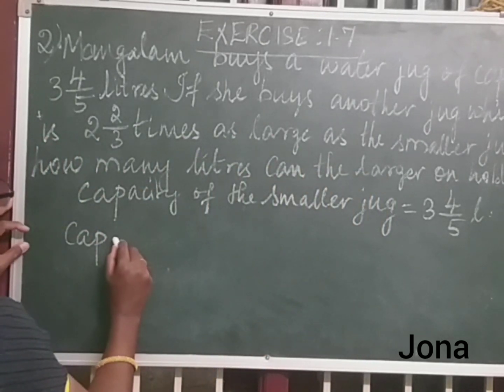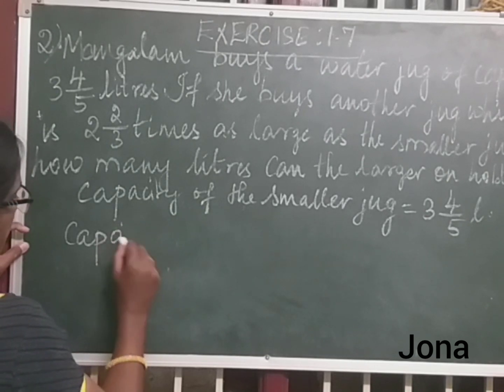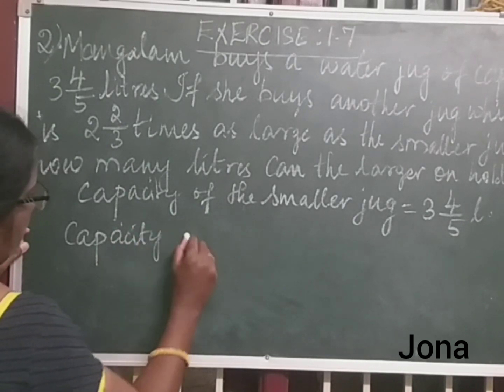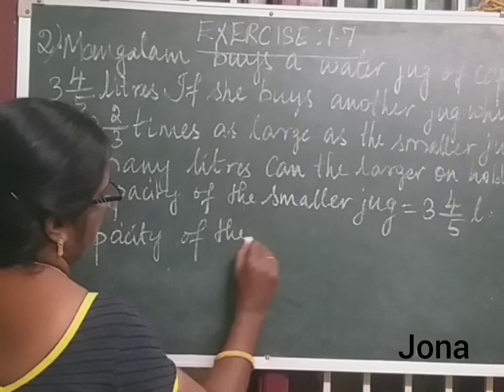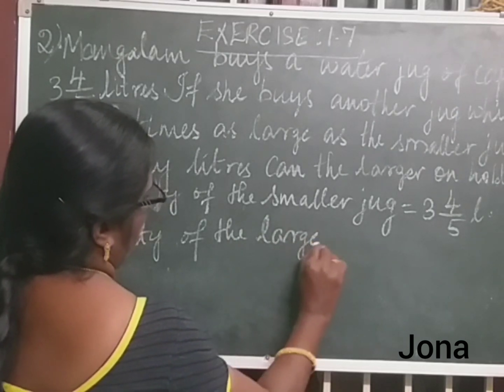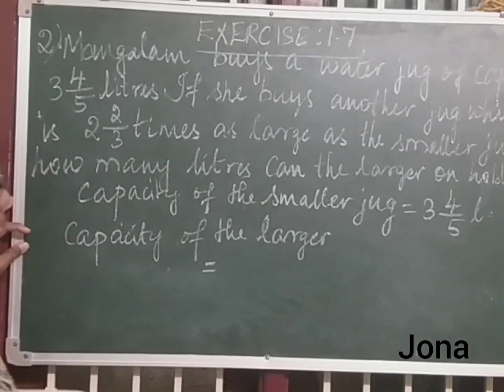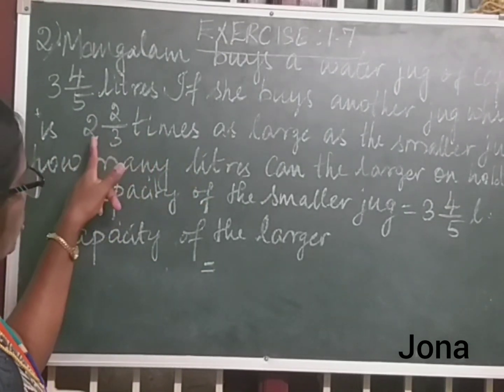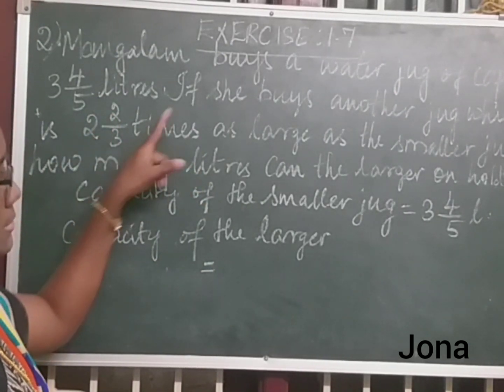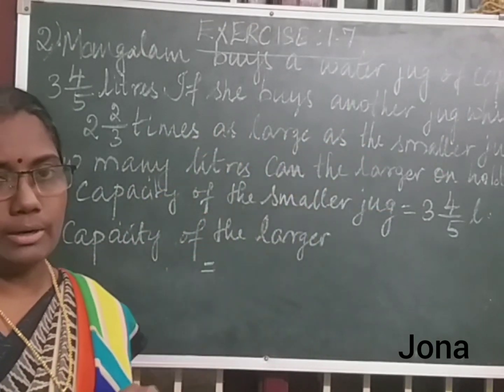The capacity of the larger jug is equal to 2/3 times the smaller one, isn't it?